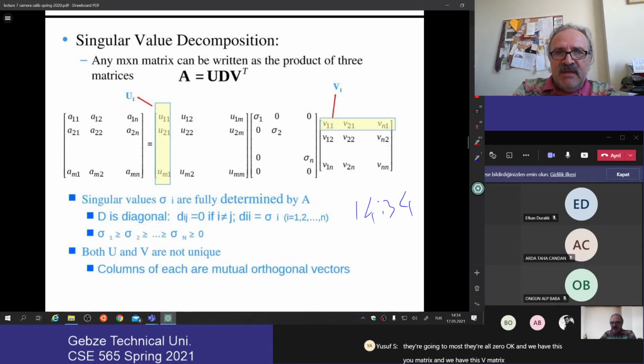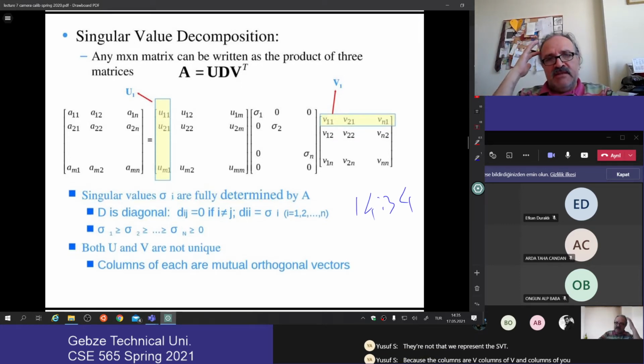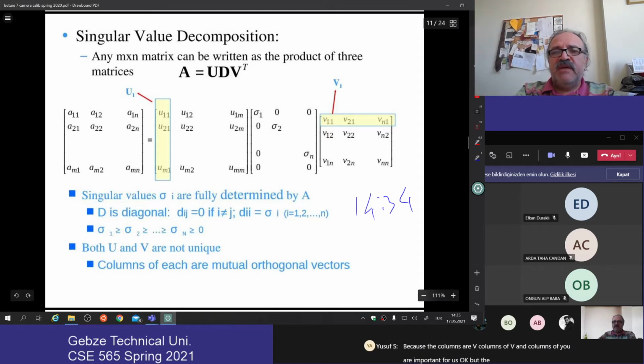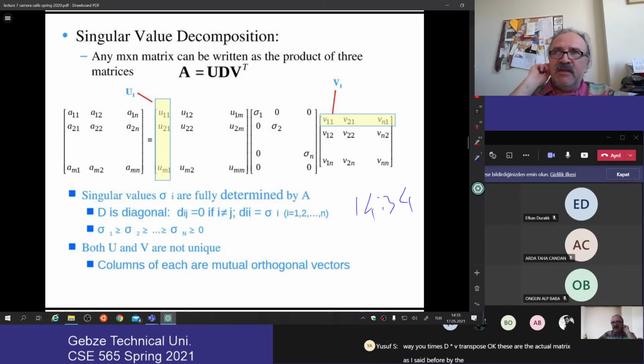We represent V as V transpose because the columns of V and columns of U are important for us. The decomposition works this way: U times D times V transpose. D is a diagonal matrix, as I said before.